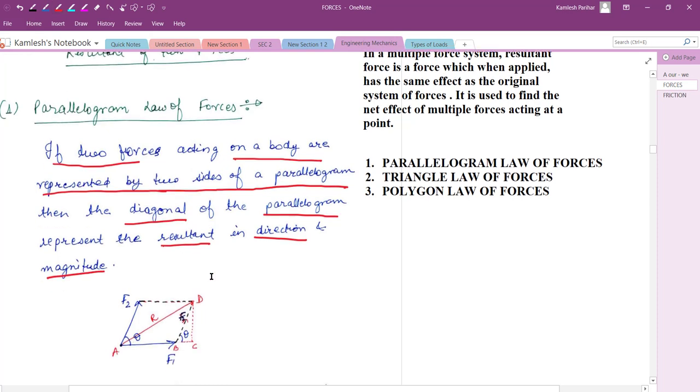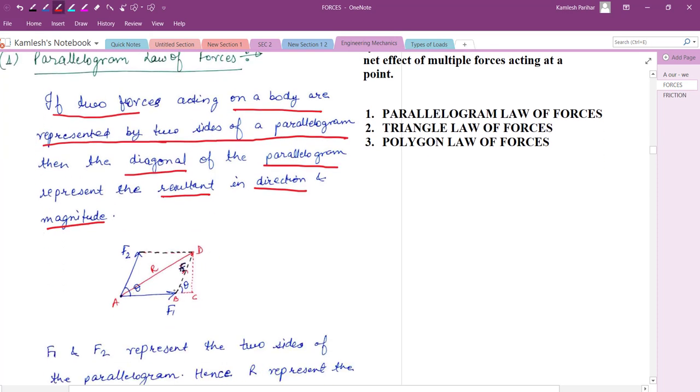It means the resultant will be the diagonal in the magnitude as well as in the direction.